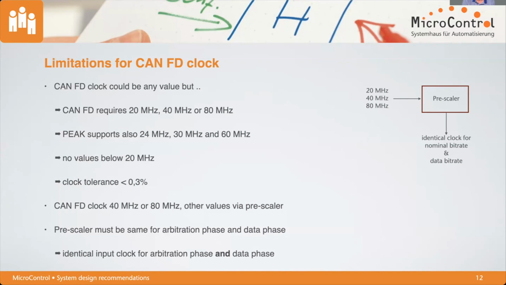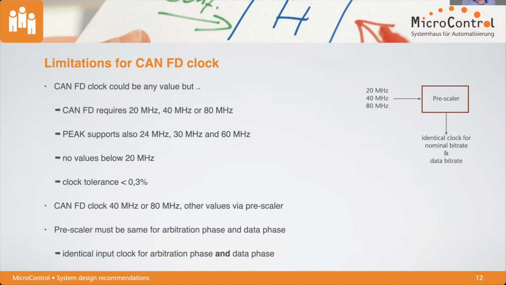It's crucial later on for bit timings. Of course, you could use 80 megahertz in your system and then use a prescaler. That's a wise decision, of course. But we have decided to use 40 megahertz because some controllers, like the Cortex M0, don't allow clock rates above 48 megahertz. So that was the internal decision we made to use this 40 megahertz clock.